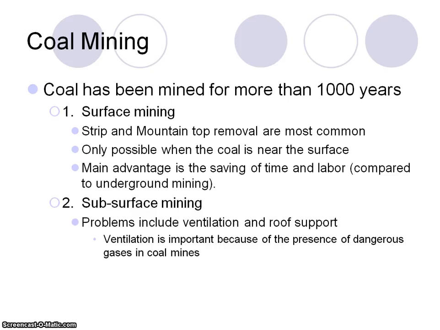Coal's been mined for more than 1,000 years. We do use surface and subsurface mining. Surface is safer, it's more cost effective, but there are times when we can find more coal reserves if we do a subsurface mine like a drift or a shaft mine.